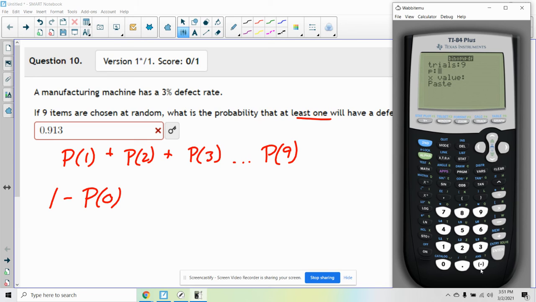The chance of a defect is 0.03. I want to know the chance of 0. So I hit paste, and that's my answer, but I want 1 minus that. So I'll do 1 minus my answer, and I get 0.239768, or 0.23977.